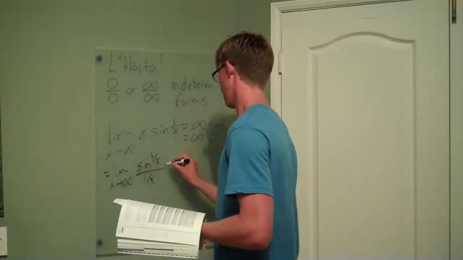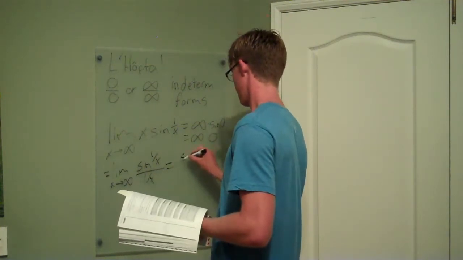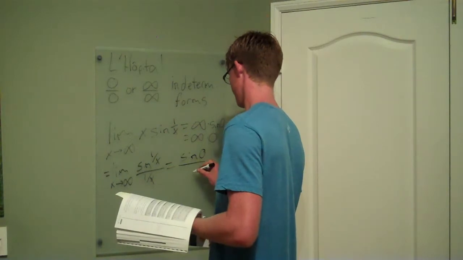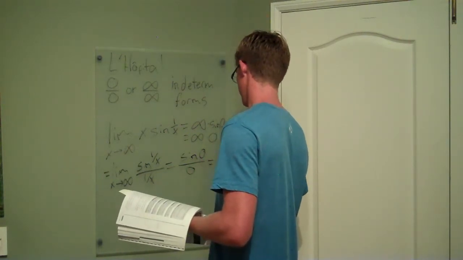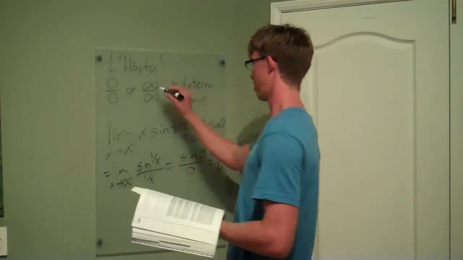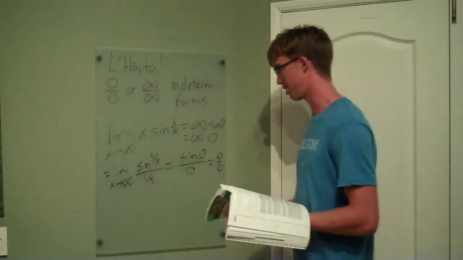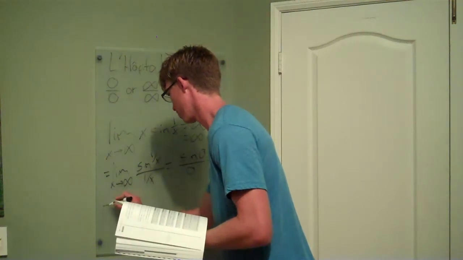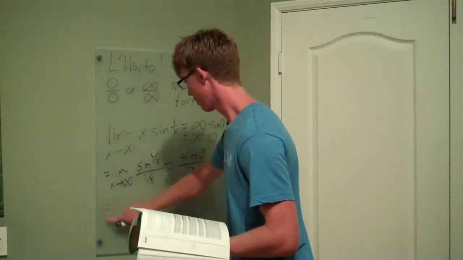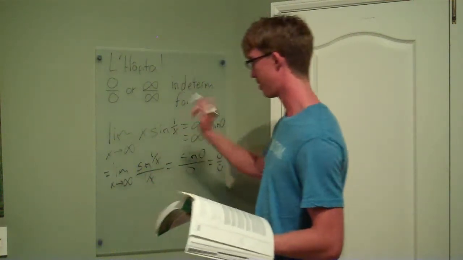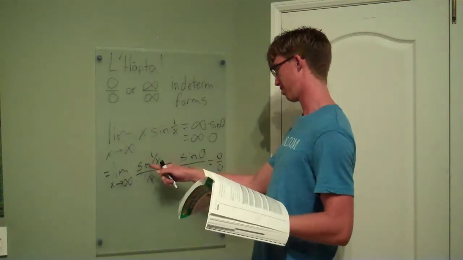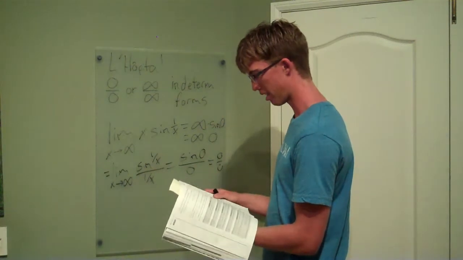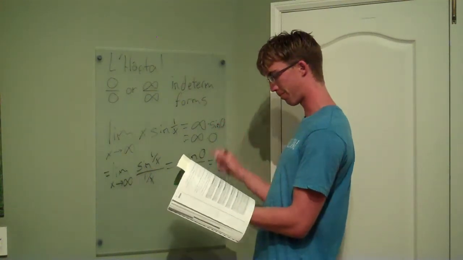And plugging in there, you get sine of 0 over 0 equals 0 over 0. That's one of our indeterminate forms, which means we can start using L'Hopital's rule. I'm not going to show it to you, but just know that if you take the derivative of the top here, derivative of the bottom, you will eventually come out to the correct answer.